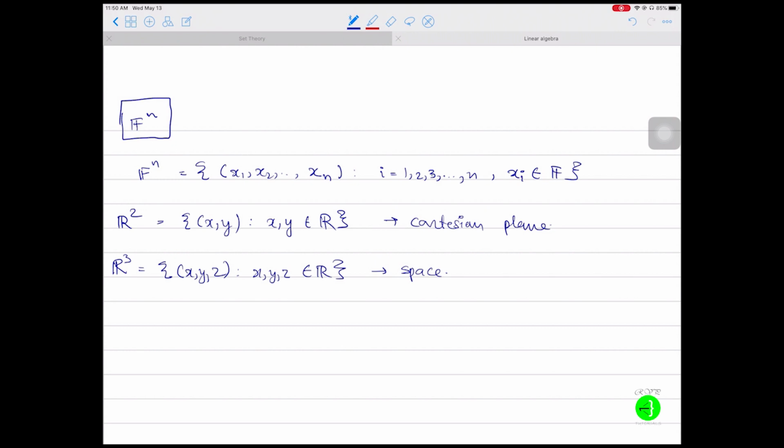And we generally can visualize any list in R2 and R3 because we have objects in 3D, but anything greater than 3, such as R4, R5 and so on, so any n greater than or equal to 4, it is really hard to visualize that thing, but you can just imagine it as a list containing 4 elements.